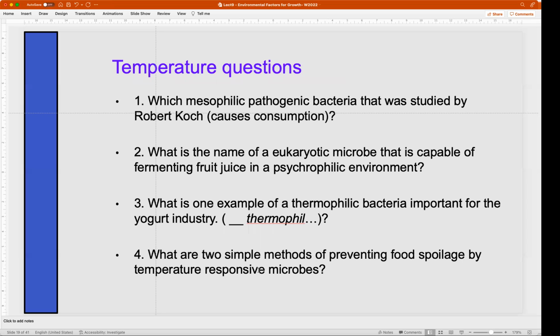What does it mean? Eukaryotic, ferments fruit juice. Yeah, Danielle? So how is that psychrophilic? It's cooler. So what constitutes cooler? Because I would have thought that would be more of a middle range temperature. 5 to 15.